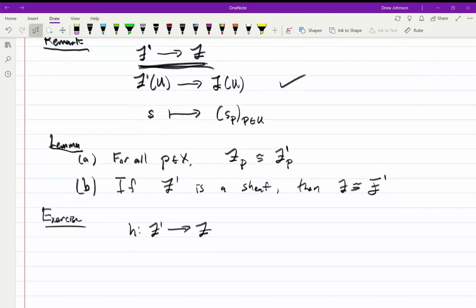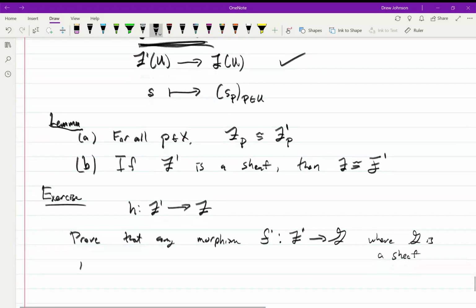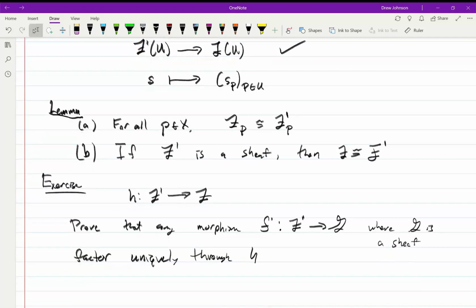Here's what you want to do: you want to prove that any morphism from F' to G, where G is a sheaf, factors uniquely through H, meaning that it has to go like this.